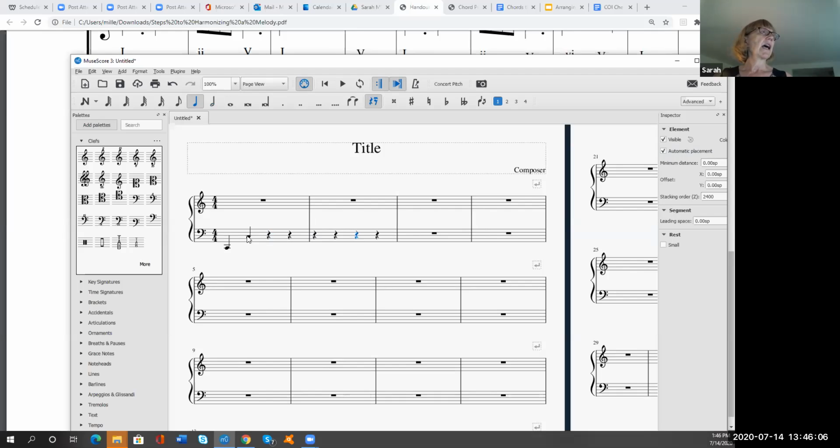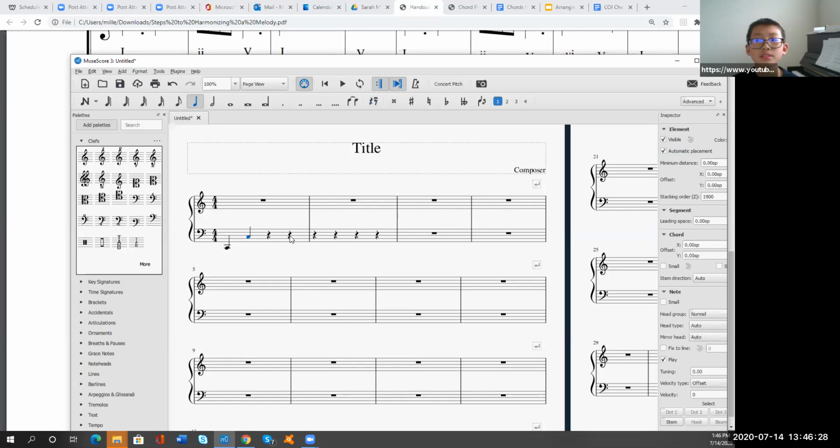If this is twice as fast as this, what is the next C going to be? Middle C? Yeah, well, how much faster is it than this? 3 times faster? No. 4 times, because it's twice as fast as this one. So the next C goes here.